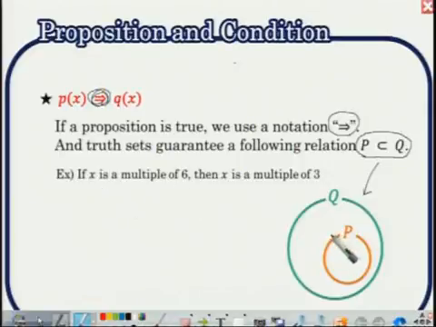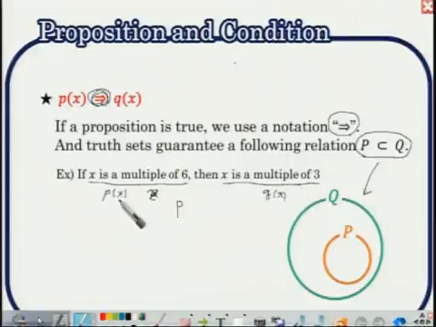So let's write some x's. This is the assumption condition p(x), and this is the conclusion condition q(x).